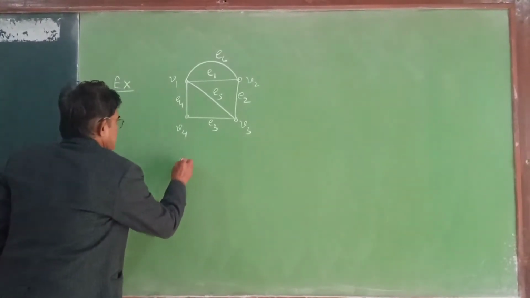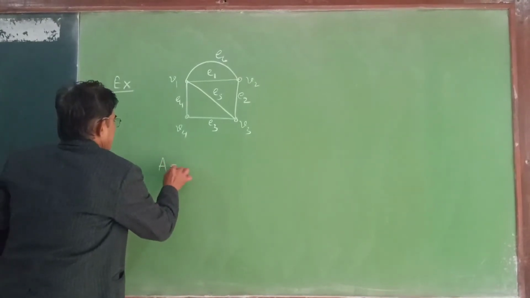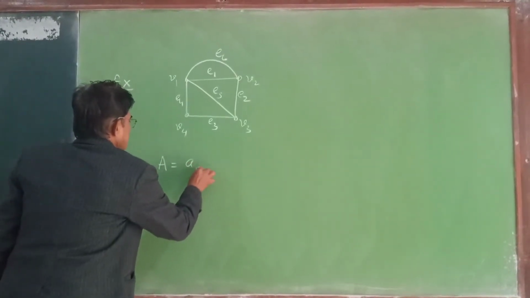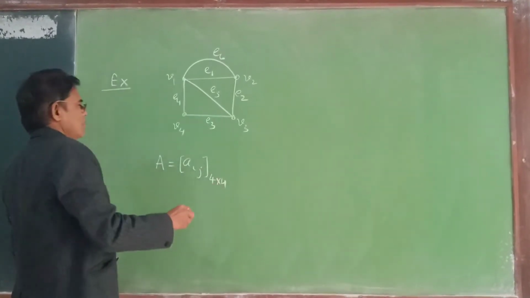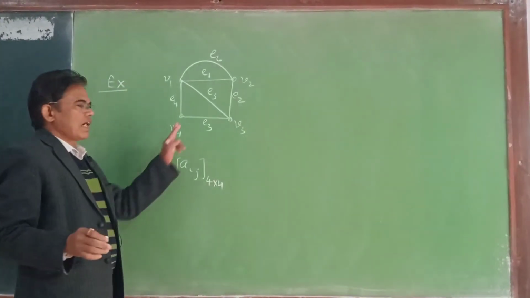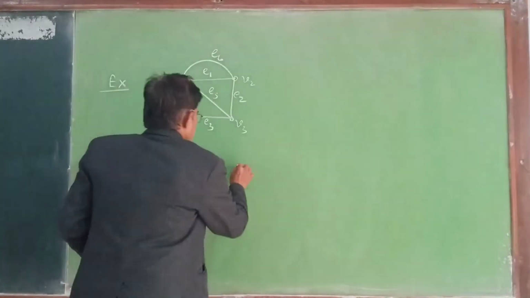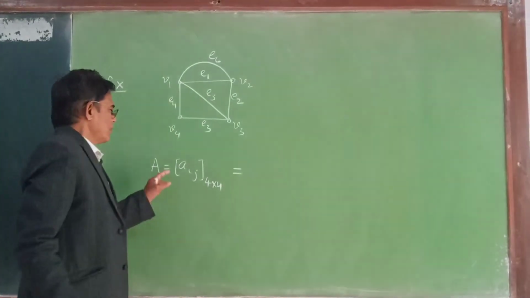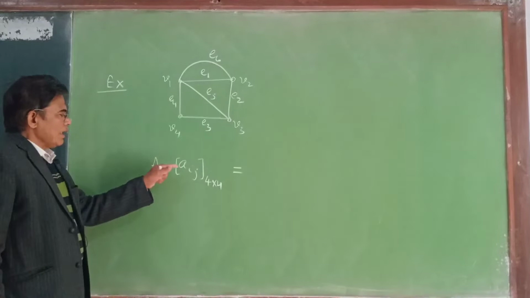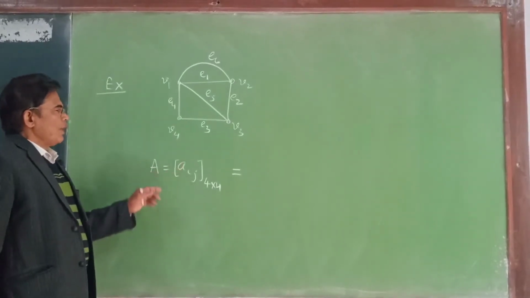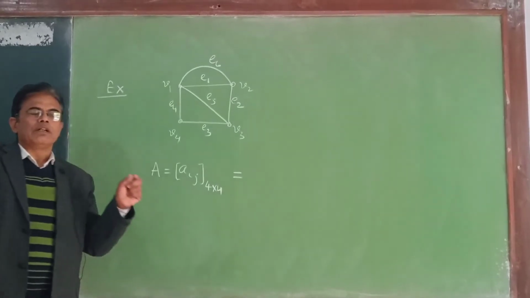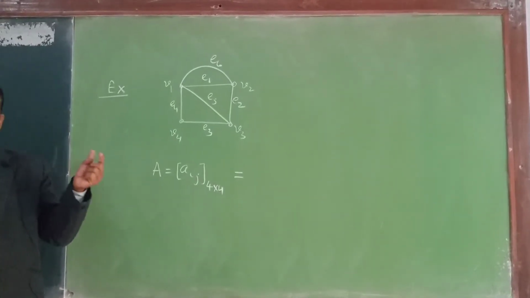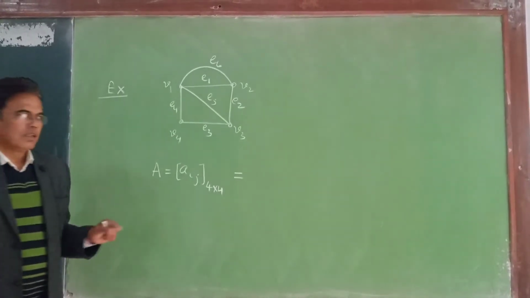This is a matrix A equals Aij, and this is a 4 by 4 matrix because the number of vertices is 4. The definition of this matrix is that an entry is 1 when Vi and Vj have a path, meaning at least one edge between Vi and Vj, okay.